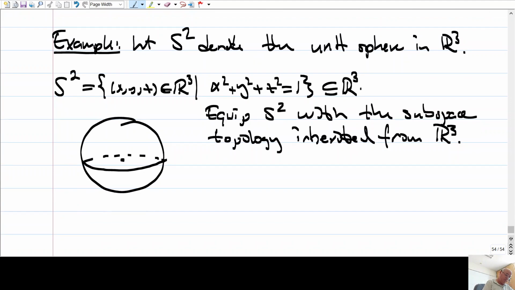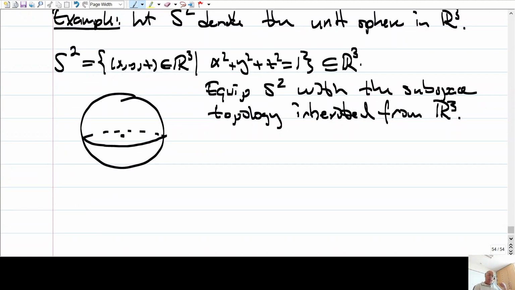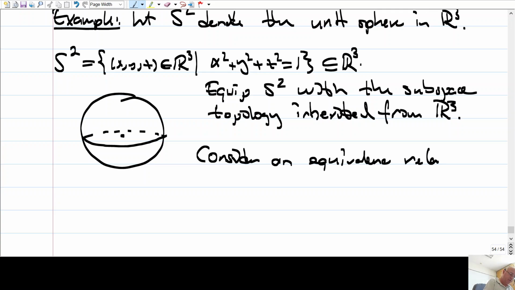Okay. Consider an equivalence relation on S2 defined as follows.